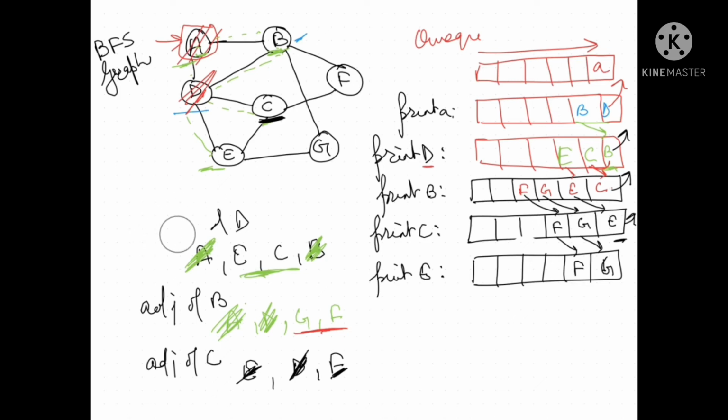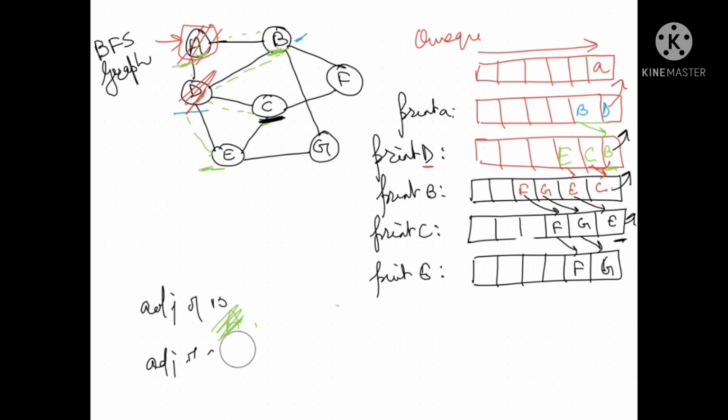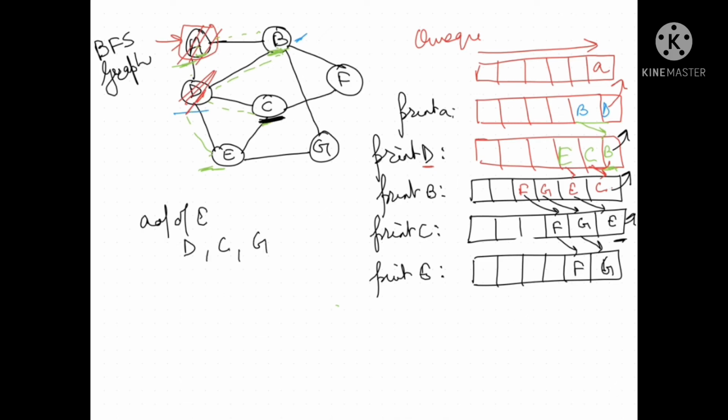Okay. So now you will see the adjacent of E. Let me remove all of them. What are the adjacent of E? See, D, C and G. D is already visited.